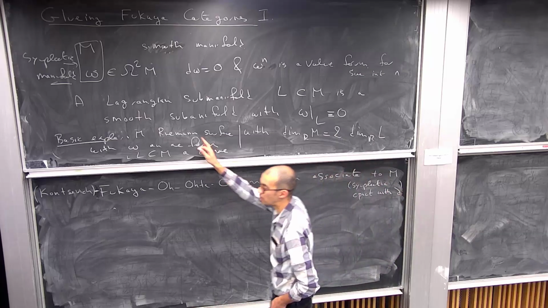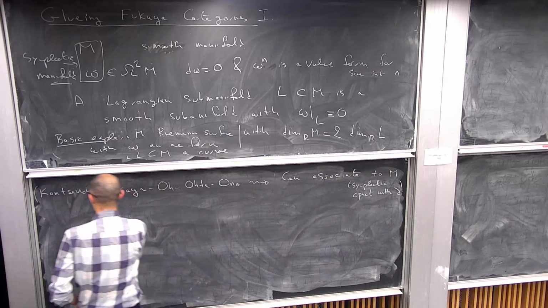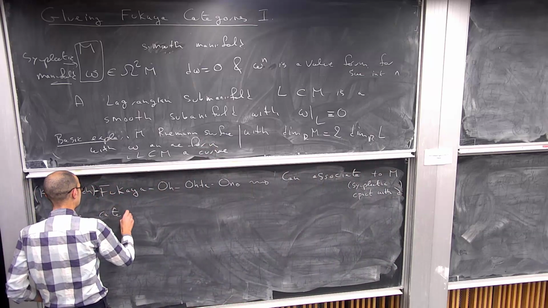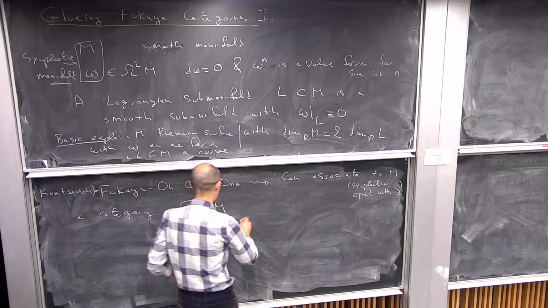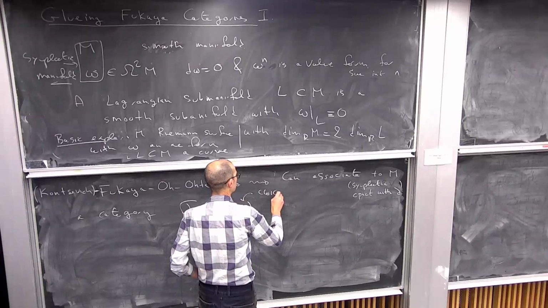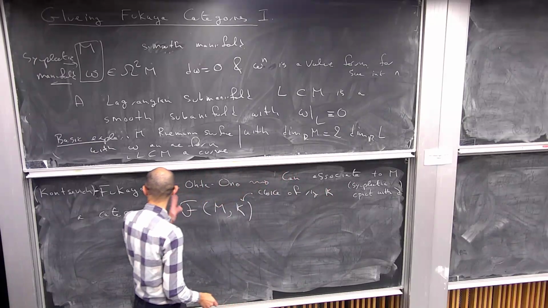So for Riemann surfaces, a closed Riemann surface. Okay, a category, let's just call it F(M), and maybe I skipped something: this is over some choice of ring k. Okay, and this is some kind of k-linear category.